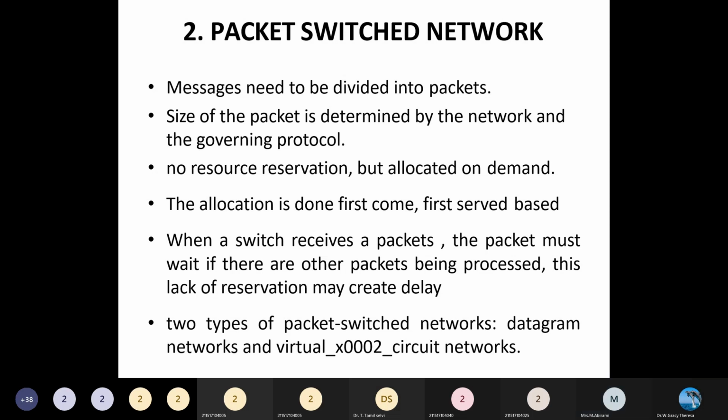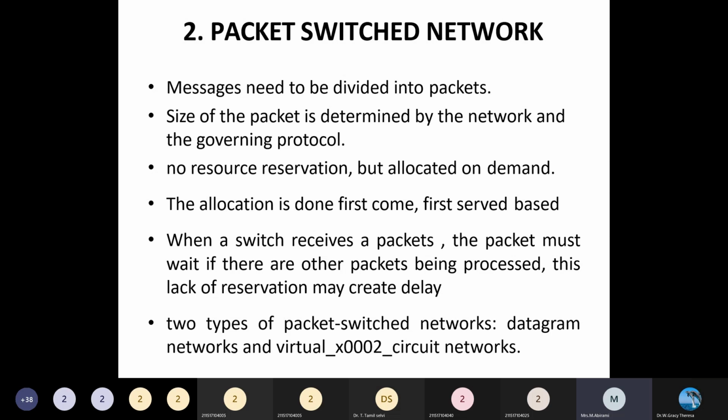In this network, the messages are divided into packets. This is how we minimize the data transmission time, by dividing the data into packets. All the small parts of the data are reassembled in the same way: small packets of data are divided, and after that the data are reassembled.